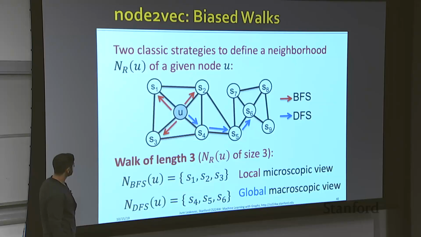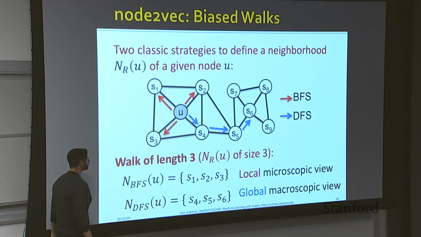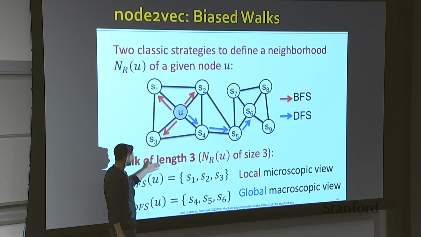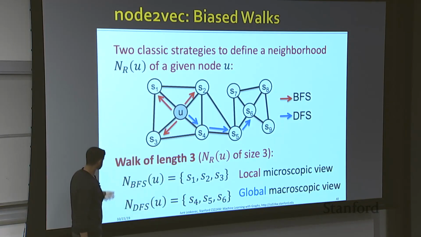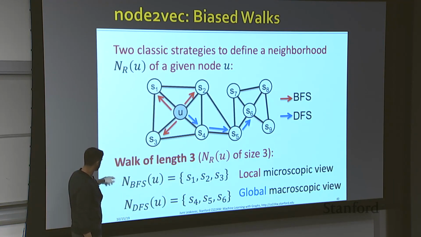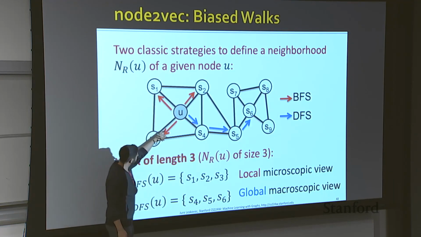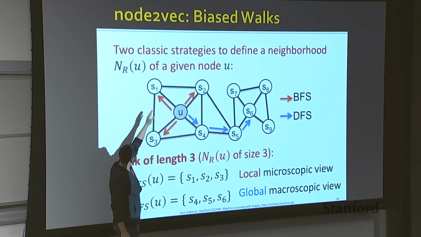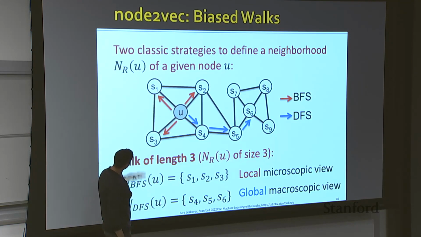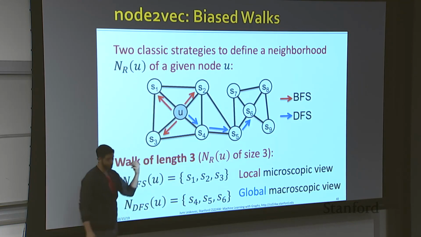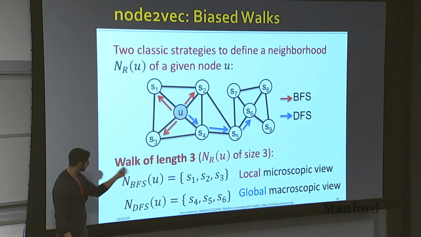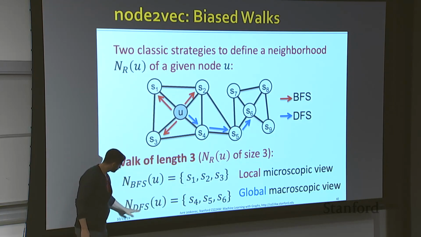As an example, say we decide that our walk will be of length 3. In the case of a BFS, starting from U, we will be exploring only nodes S1, S2, S3, and this is basically a microscopic view. We're just taking all the nodes around U. Instead, if we perform a DFS, now we replace our R in the strategy.